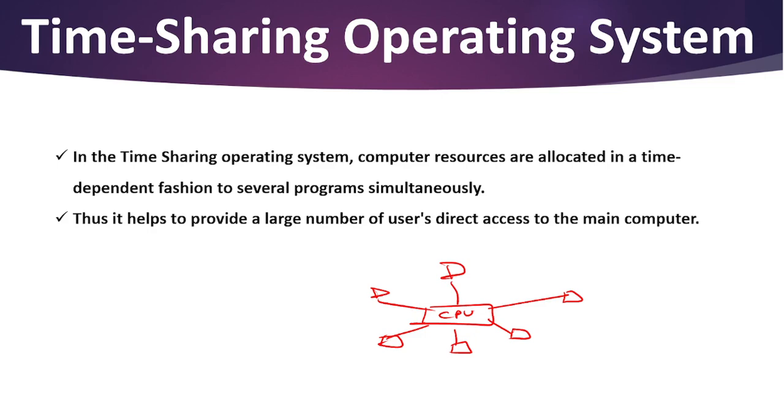What does it mean? Here we have a central device, let's say CPU, with which we have connected so many external clients or external devices. Thus it helps to provide a large number of users direct access to the main computer. Here this is the main computer and many users can access this main computer all together.